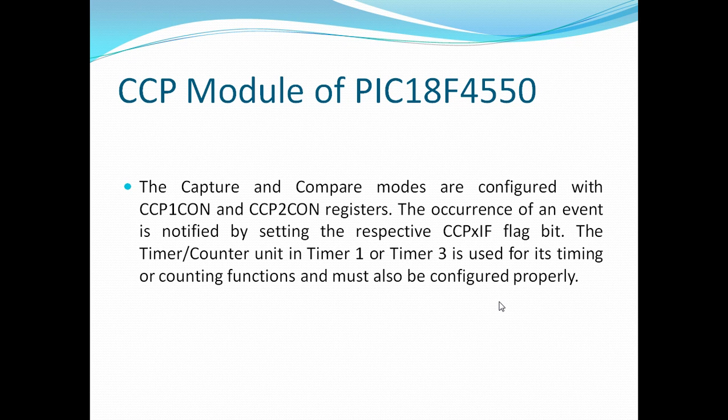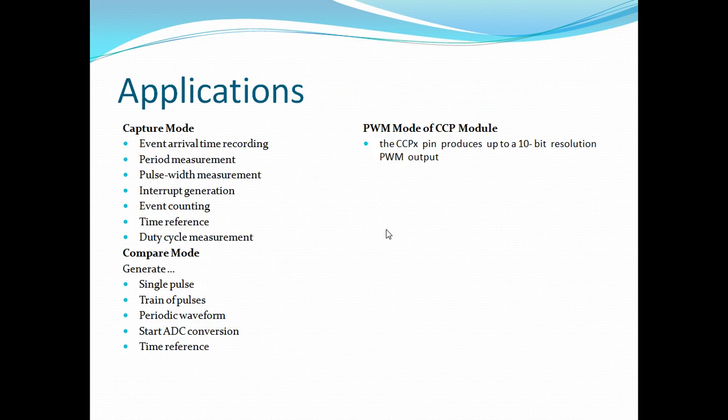This flag is used for showing the status of capture mode and compare mode. Timer 1 and timer 3, as all of you know, are used as timers for the CCP1 and second CCP module, so accordingly we need to configure timer 1 and timer 3 for capture and compare mode.